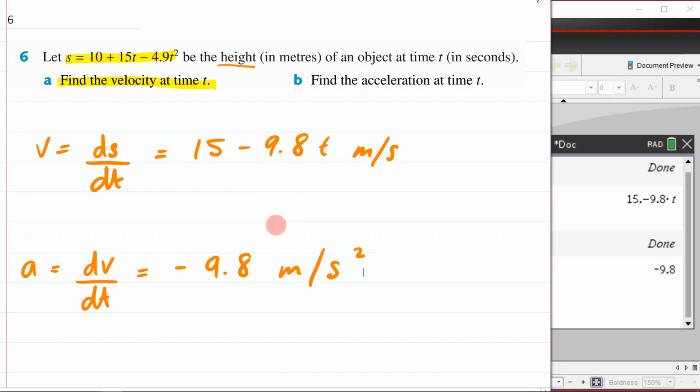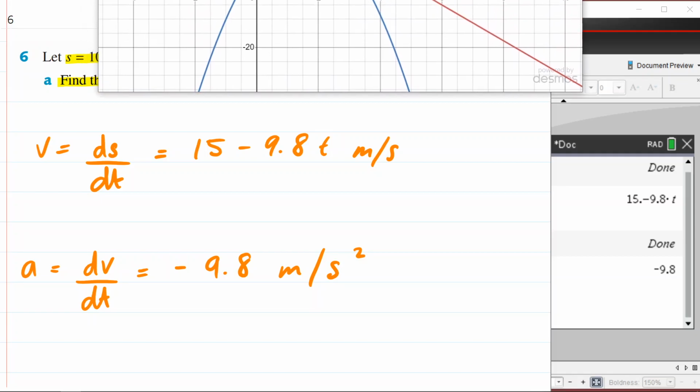Now, if you want to click off this video, you can, but I think it's worth our while just to consider what's actually happening here and what this is actually telling me. What this is telling me is that my velocity is 15 minus 9.8t. So if we consider that as a graph, let's actually graph this on Desmos. We could do it on the CAS, but it's just easy if we do it on Desmos.